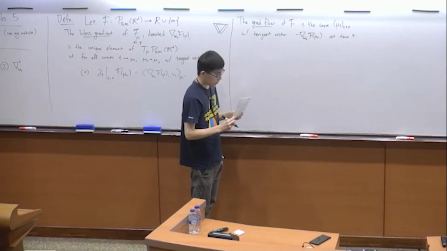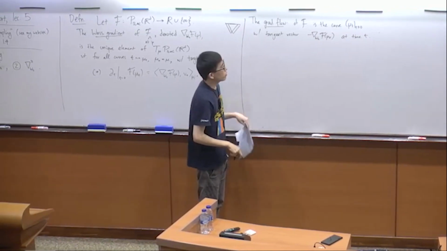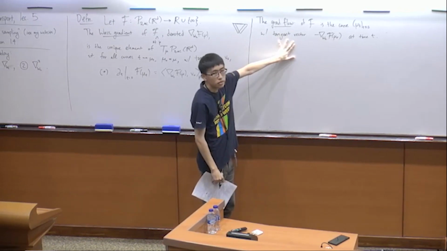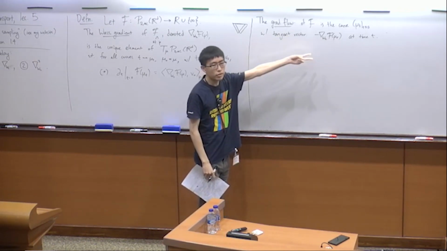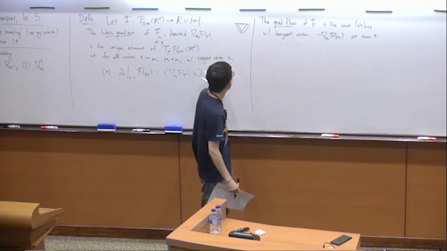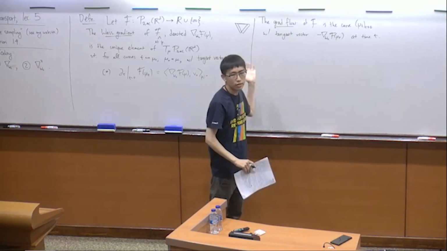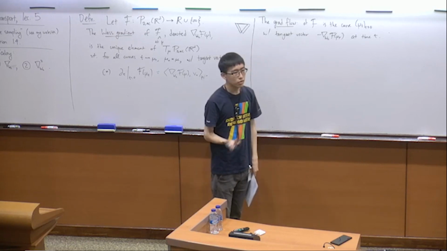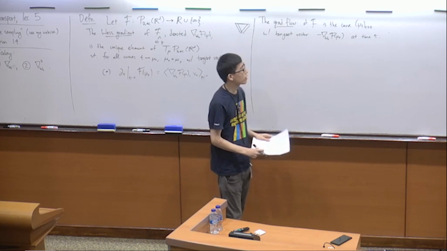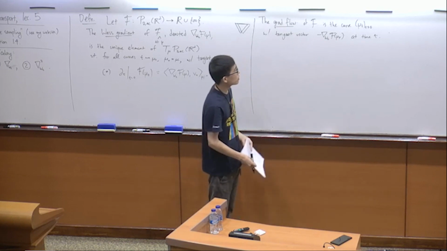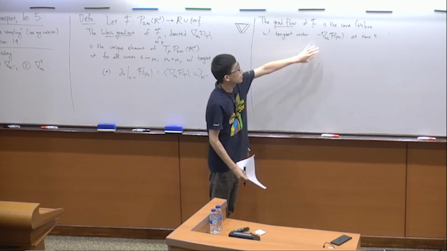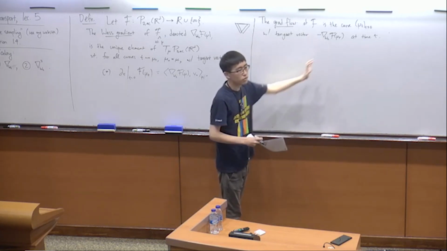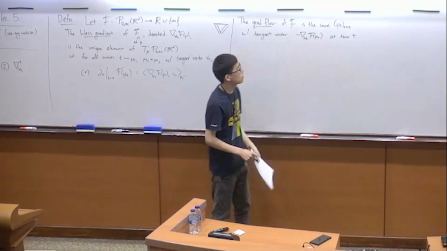Also, if you remember what it means for this to be the tangent vector to the curve, there were two requirements. The first one is that it has to belong to the tangent space, which in this case means that it has to be the gradient of a function in order to satisfy this minimal kinetic energy property. The other requirement was that this satisfies the continuity equation, because we said that these vector fields have to explain the evolution of this curve mu t.